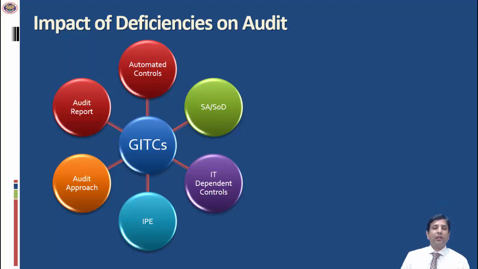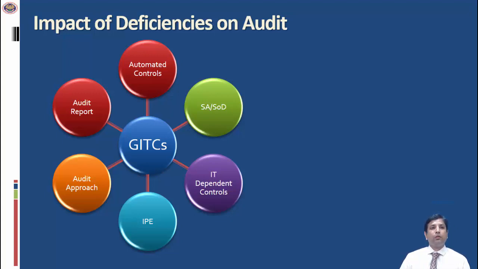So as we can see, GITCs form the central component for our reliance on the overall IT systems and environment, including the automated control, segregation of duties, reports, and other controls. And the impact could be pervasive, because if you remember the first thing we discussed, GITCs are pervasive in nature, and if there is a deficiency in GITC, it is very likely to have a pervasive impact on all our audit procedures and control testing specifically.